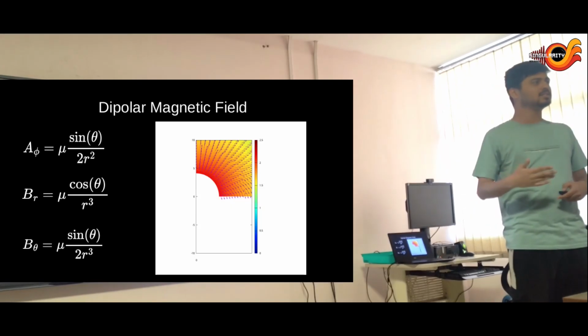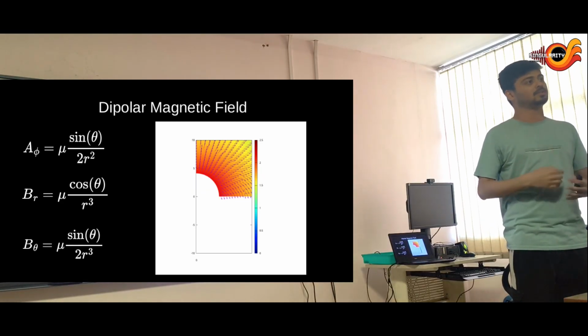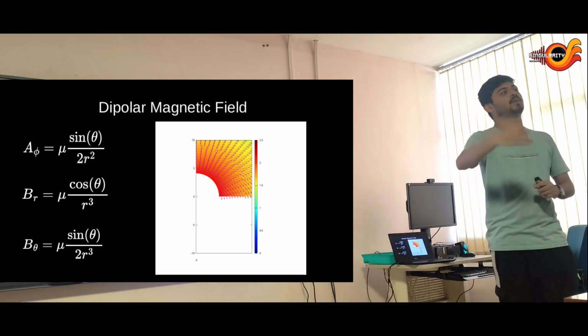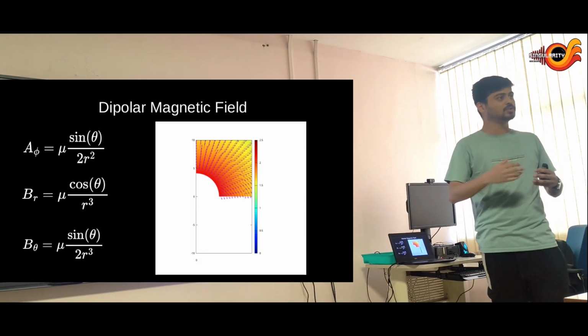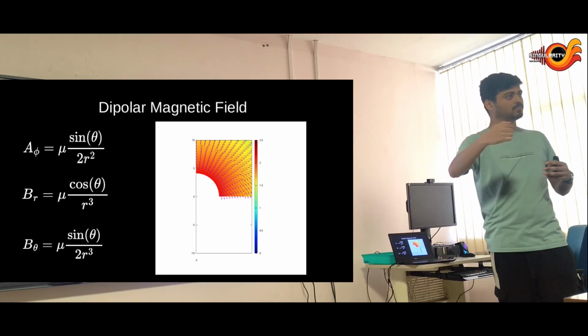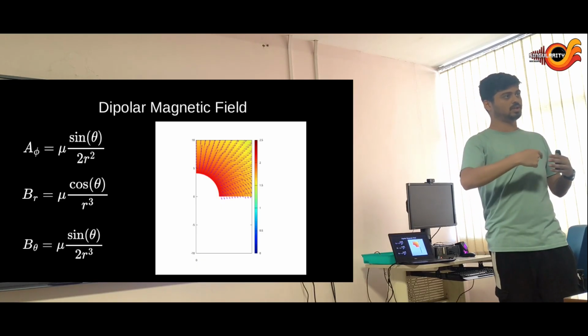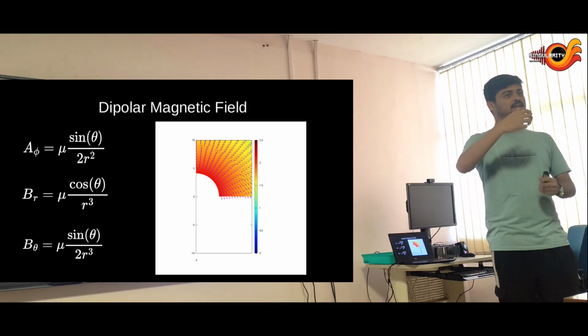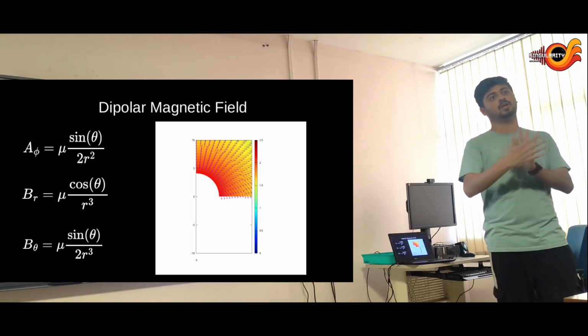But at smaller radius, magnetic tension will also dominate. So now you have a string which is not allowing any matter to come in. You have matter coming in, but the Lorentz force, with very high tension and very high magnetic pressure, is not allowing any matter to go inside.